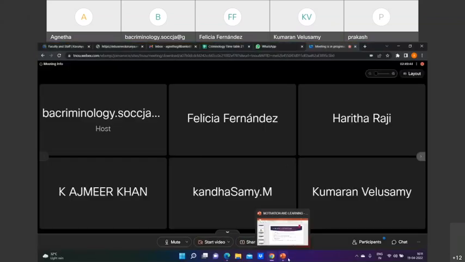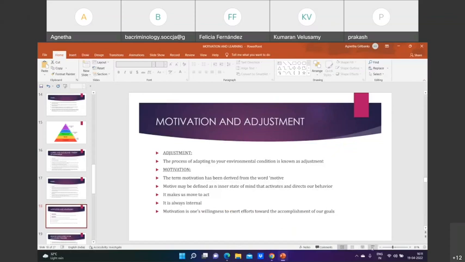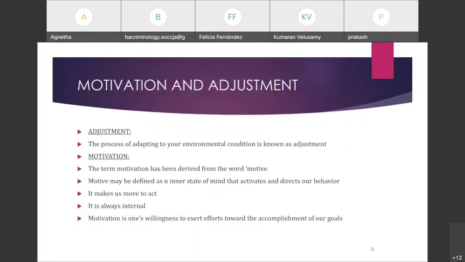Yes, ma'am. Converting things to be flexible, adaptive. Yes, exactly. Basically, adapting yourself to various situations, right? Adapting yourself to various situations or various conditions or various actions, whatever it may be, is nothing but adapting yourself to it. So that is basically what adjustment is.